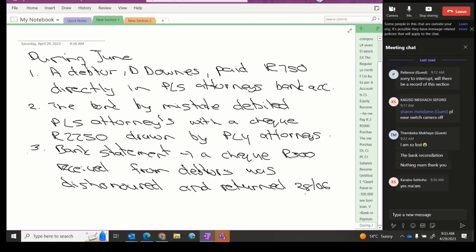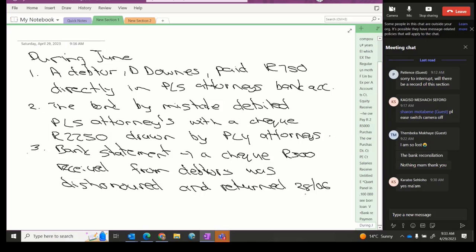Or someone can also these days, if they do it with the EFT, it looks like they paid money into your account, but then when you go and look, it's actually not. That's why I say fraud these days is real. So some people will, how can I say, forge a payment and it seems like you received the money, but then after a few days, when the bank cleared the money, they saw actually the money is not there.